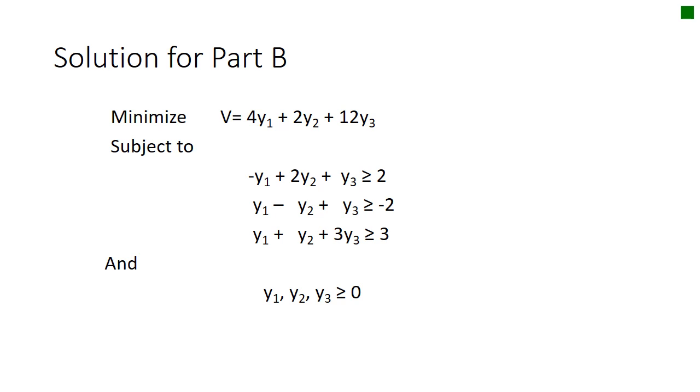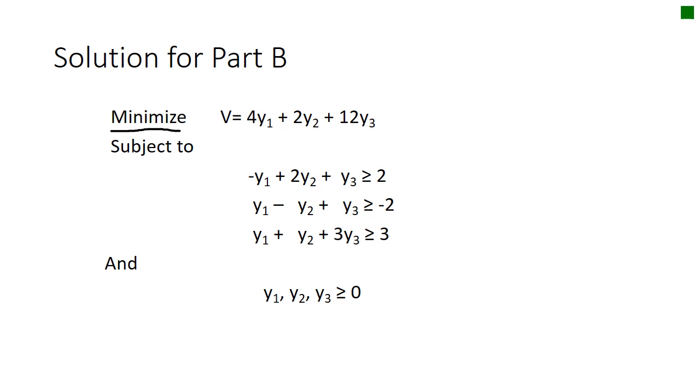So here is that previously recorded solution. We did say that we wanted to minimize this objective function, so we got that right. And we said 4y1 plus 2y2 plus 12y3, and those coefficients were coming from the less than or equal to coefficients from the previous constraints.